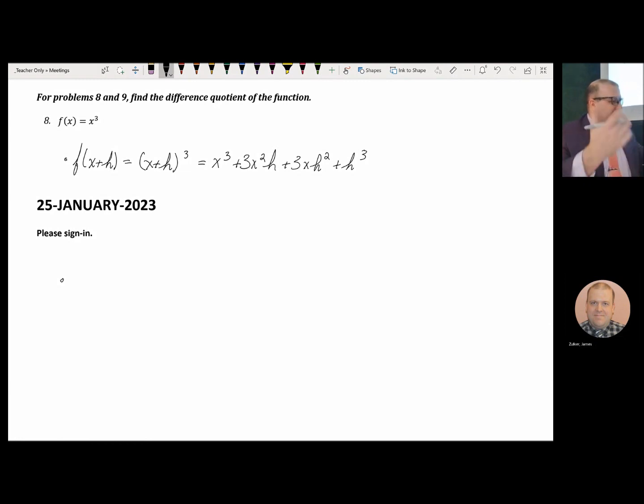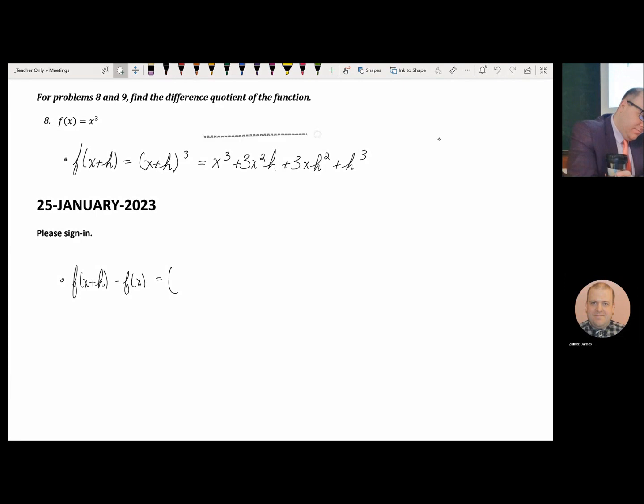Right. So again, typically, just so the algebra doesn't look too daunting, I do this in 3 steps. First step, we just did: find f of x plus h. Then you go, okay, now I have f of x plus h. Take that, subtract out f of x.